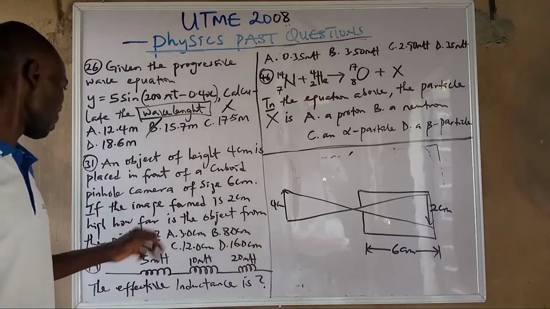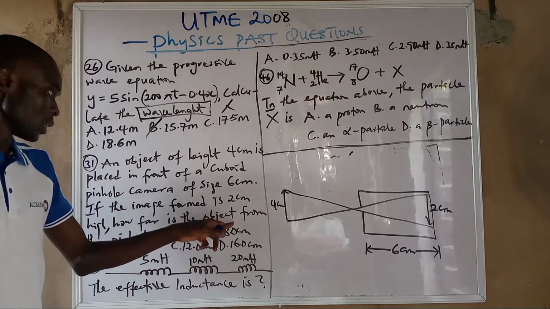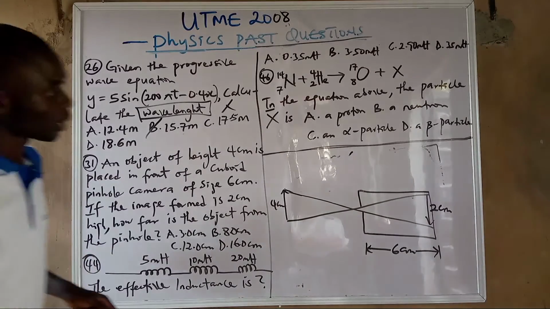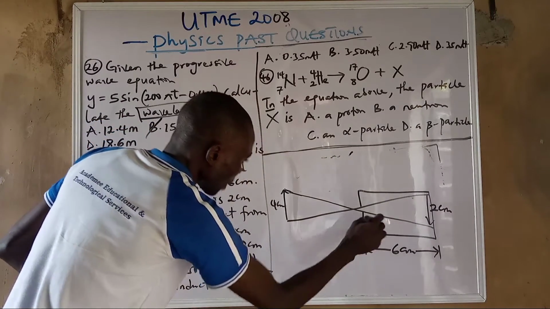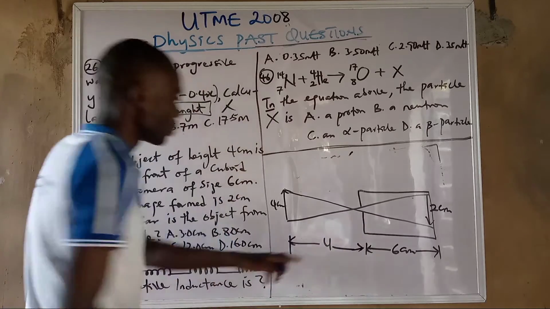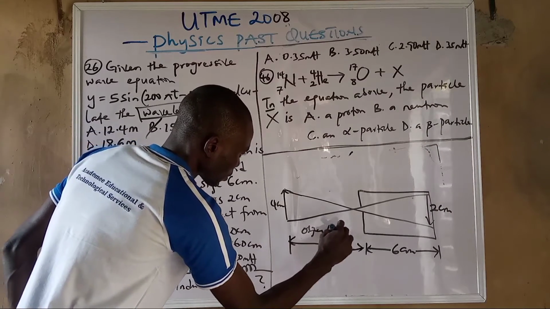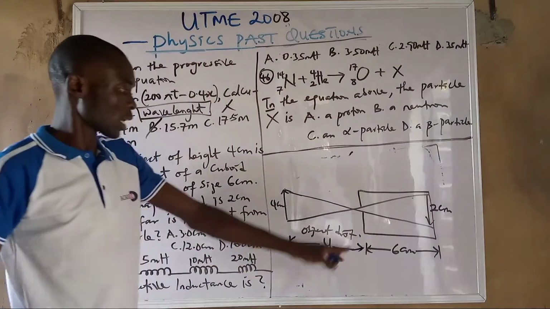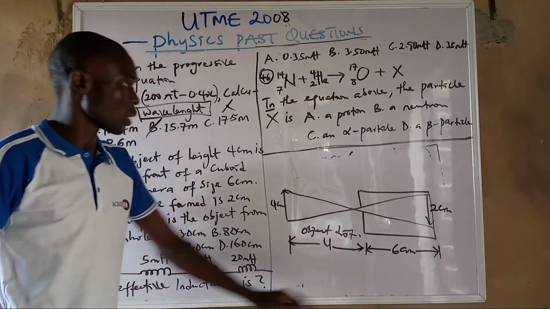Now the question says, how far is the object from the pinhole camera? The distance between the camera and the object, which is u, the object distance, is what we are looking for.